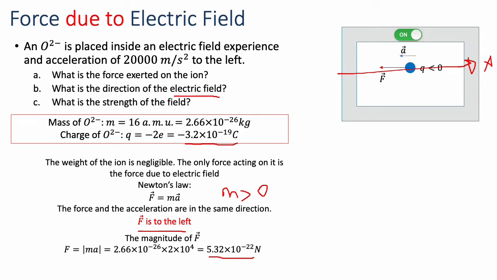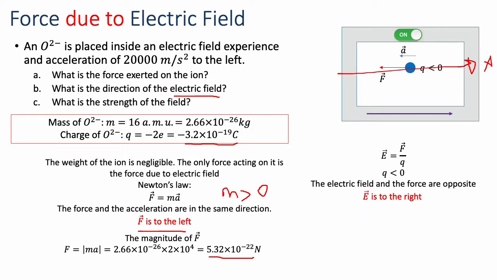Why? Because the weight of the ion is mass times gravity. So it's 2.66 times 10 to the power minus 26 times 10. So it would be on the order of 10 to the negative 25. This means the electric force is about 1000 times larger than the weight. So what is the relation between E and F? The force comes from E. So E is equal to F over Q. That's the definition of the electric field.